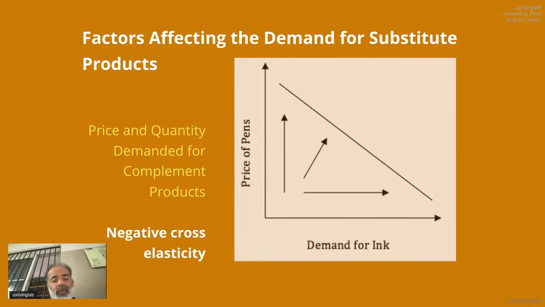So when two goods complement each other, they exhibit negative cross elasticity. The increase of the price of one product causes a drop in the quantity demanded of the other product. For example, if pens are very expensive, people will opt to use ballpoints. As a result, the demand for ink will drop.